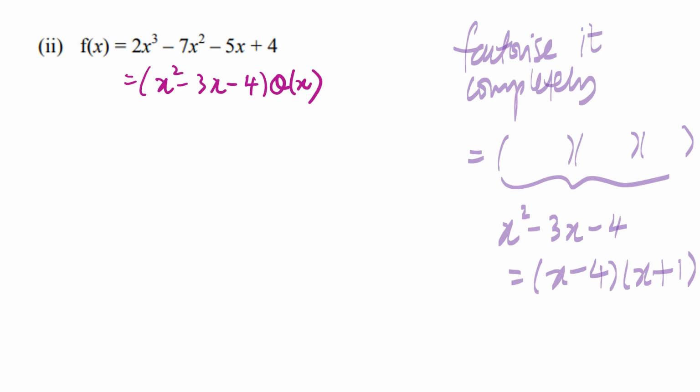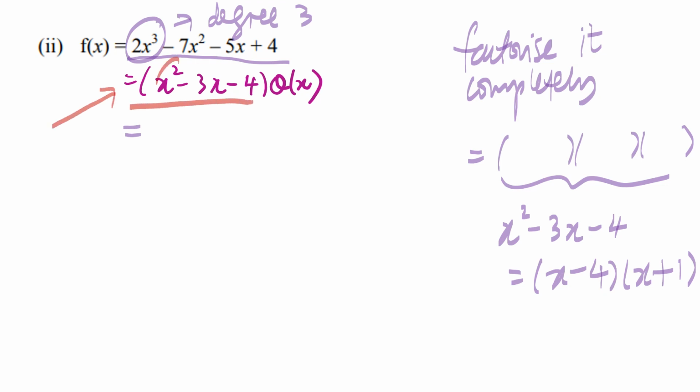There are two ways of doing it. The first way is you can use long division, and then you can find your q of x. Another way is what I taught you some days ago. We can let your quotient be ax plus b. Why is it ax plus b? If you look at your dividend, this is degree 3, and your divisor is degree 2.